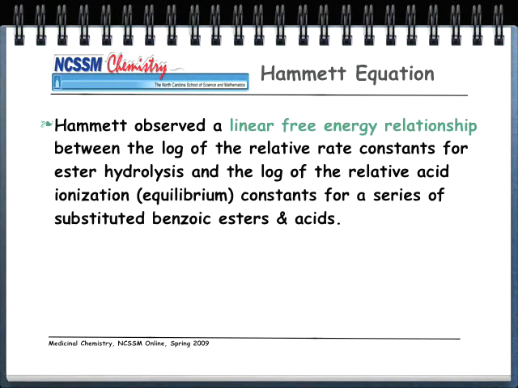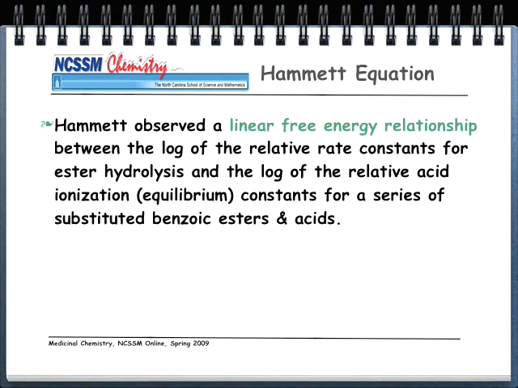The Hammett equation, again, there's a lot of words here. Basically, Hammett observed that there was a relationship between some of these numbers. He figured out there's a relationship between how fast these reactions will happen and the type of thing that he substitutes onto a benzoic acid or benzoic ester.